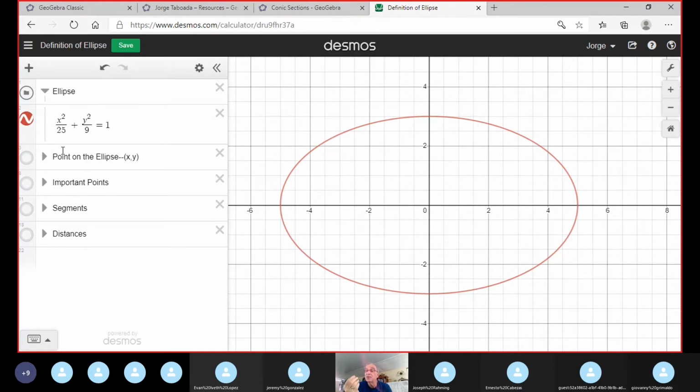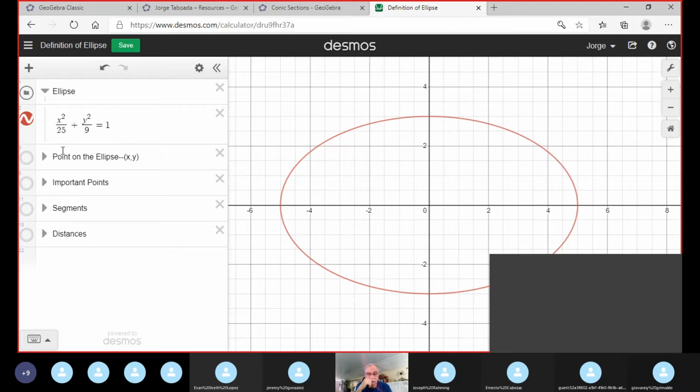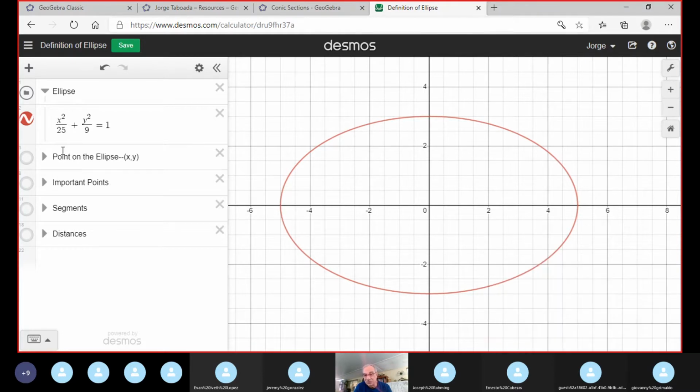Remember, A is the big number: A, B, C. A is the big one in the ellipse. It would be 5, correct? A is 5. And what about B? 3, sir? Exactly, B is 3. So if B is 3 and A is 5, you compute C using the formula and the answer is 4, because 25 minus 9 is 16, square root of 16 is 4.